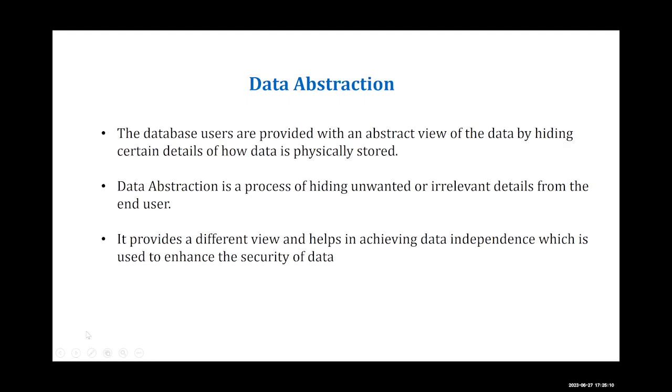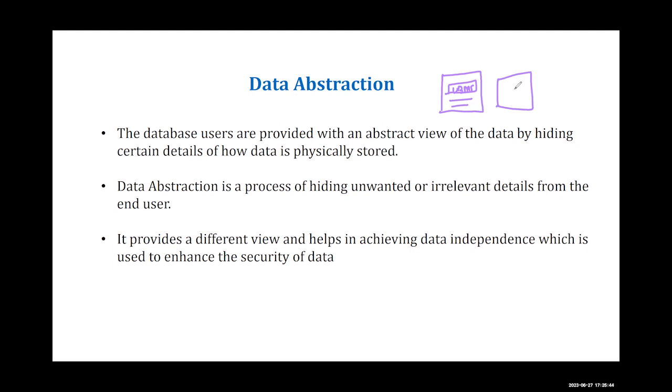So what is database abstraction? The database users are provided with an abstract view of the data by hiding certain details of how data is physically stored. Now, when I say this, what I mean is, just an example, you go to Google Chrome and type something, for example, DBMS, isn't it? When you click, a list of websites will come, and when you click one, you will be directed to that particular web page.